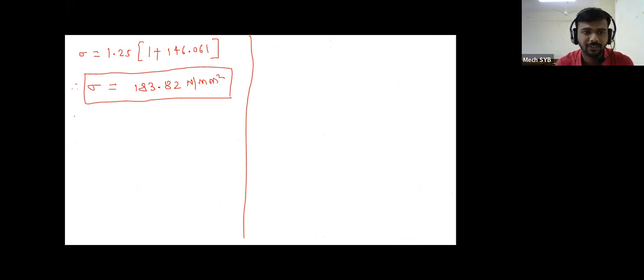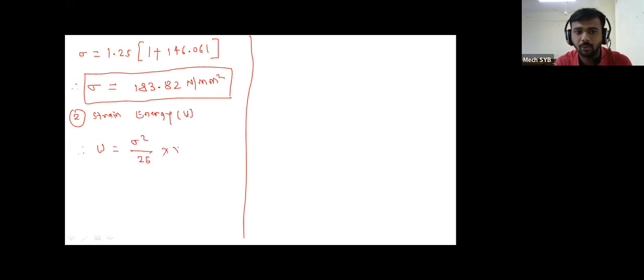Okay, now the stress is calculated. Now we have to calculate the strain energy absorbed or stored in the bar. We have the formula which is common for all conditions. U is equal to sigma square upon 2E into volume, and volume means area into length.